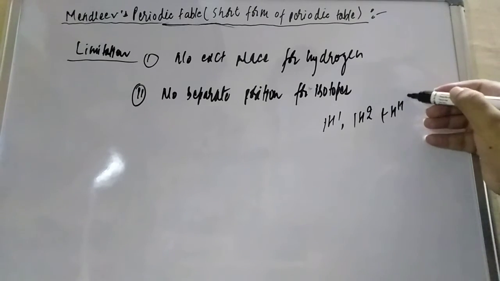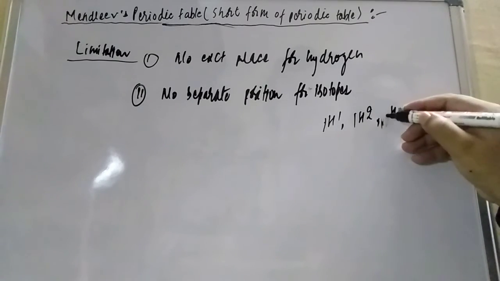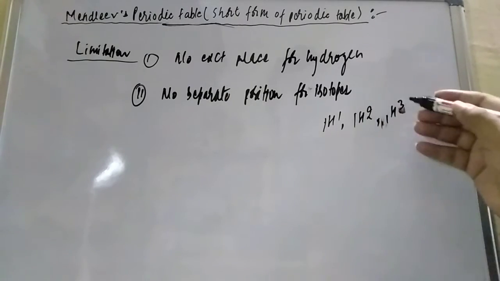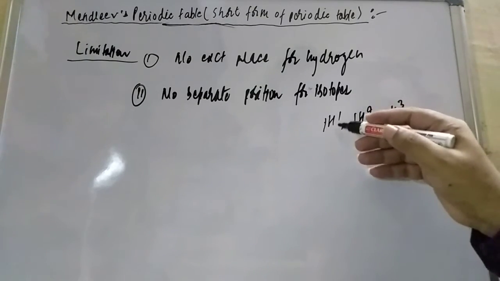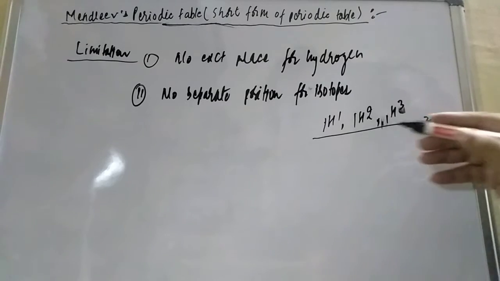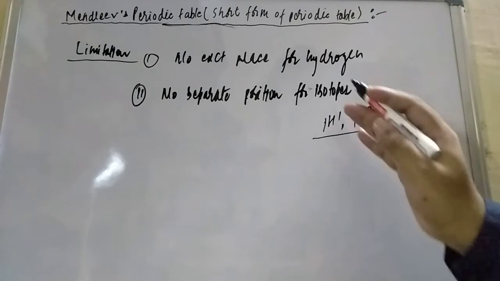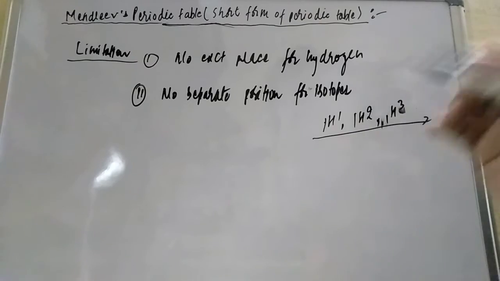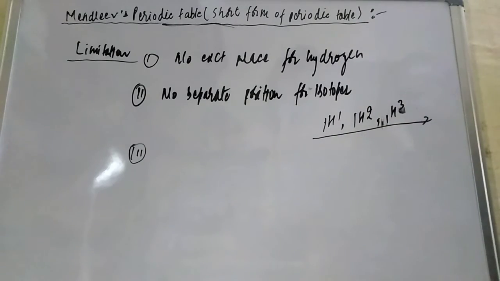So hydrogen has 3 isotopes. Three isotopes means atomic mass is 1, 2, 3, same atomic number, different mass. According to Mendeleev's law, elements are kept in increasing order of atomic mass. So isotopes should get 3 places, 1, 2, 3, but he gave only 1 place. So he failed to explain where to keep the isotopes, and the reason is that isotopes were not discovered at the time of Mendeleev's periodic table. So that is also one of the failures.